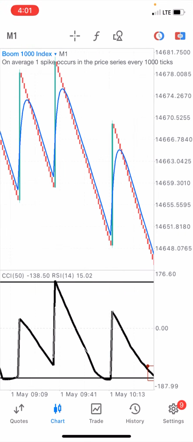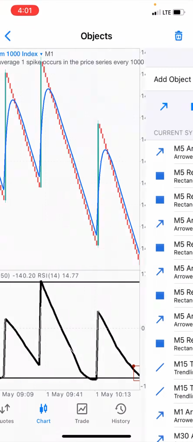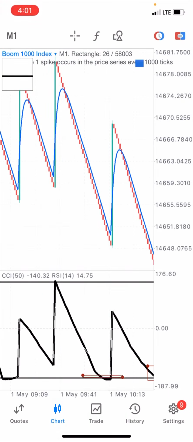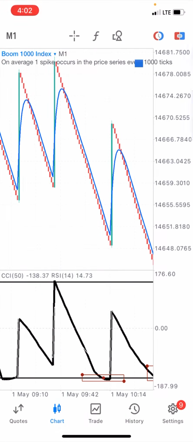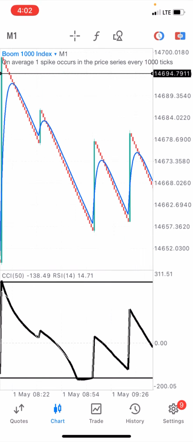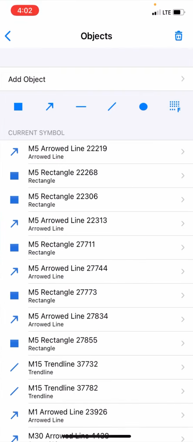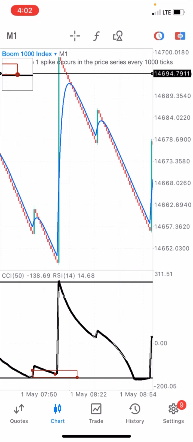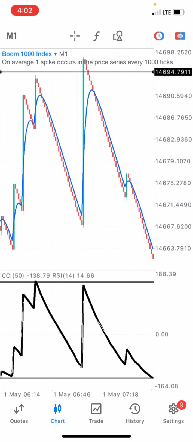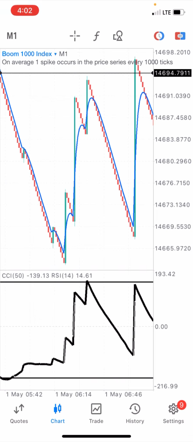Trust me guys, you will make a lot of profits off the market if you follow this religiously and do exactly as I have explained in this video. You can see more examples. You can see how effective this indicator is, and how powerful the setting is.